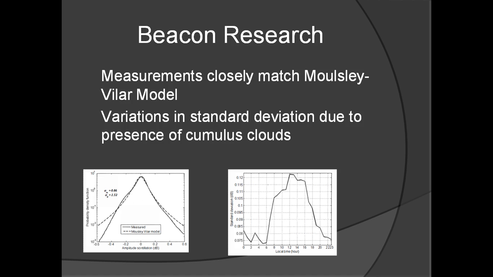And on the right, you can see the standard deviation between the model and the data over the course of the entire day, and you can see that there's a big difference around noon, and the authors attribute this difference to the presence of cumulus clouds that were overhead at the time of the measurements. This implies that those clouds can have a fairly significant effect on what is expected and what is actually received.